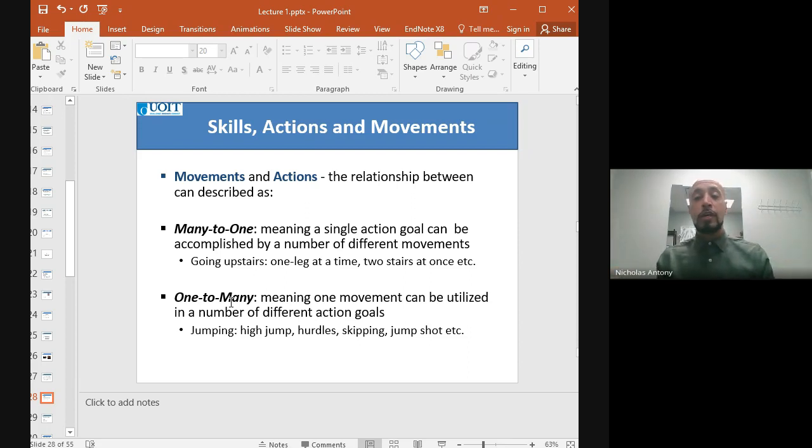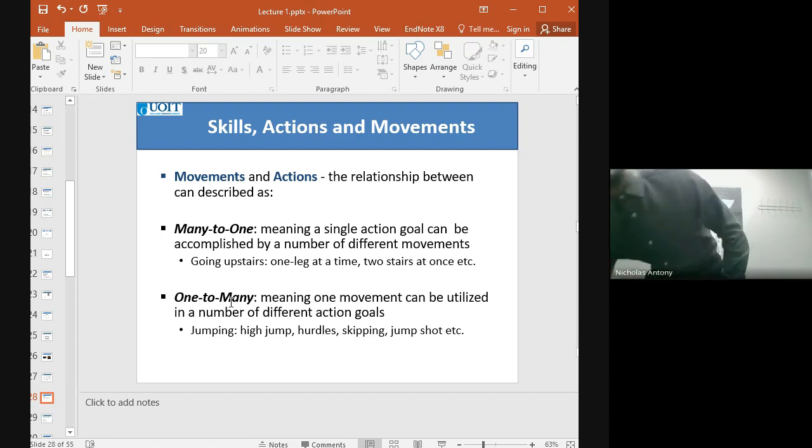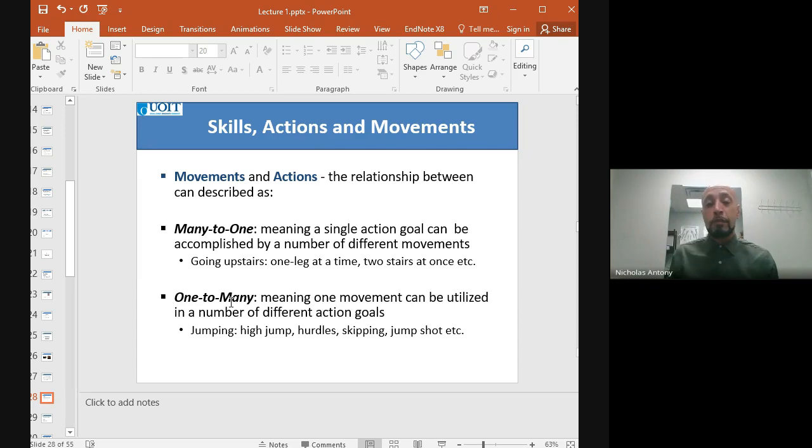So we're talking about hip flexion. Hip flexion can be used in kicking someone, going up the stairs, walking, or performing reverse lunges. That same movement of the body can be used for a wide range of different motor skills.